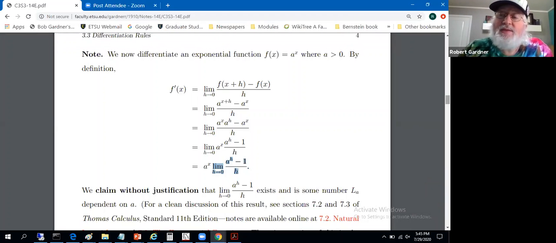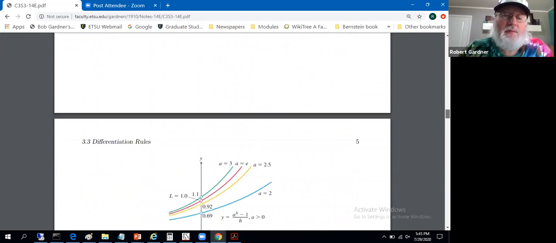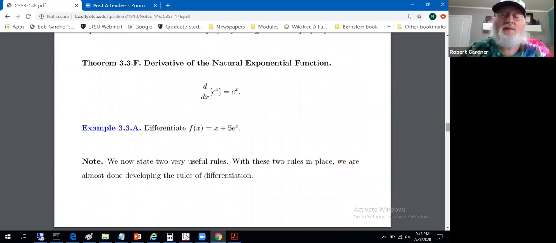That means we've chosen e such that when you take the derivative of e to the x, you get e to the x back, or e to the x times 1. That limit stuff we saw a couple of pages back, that's 1. That's how we chose the value e. So the derivative of the exponential function e to the x is itself.